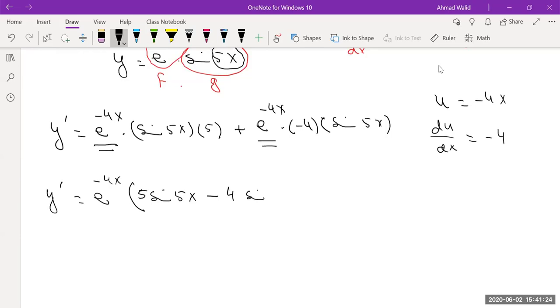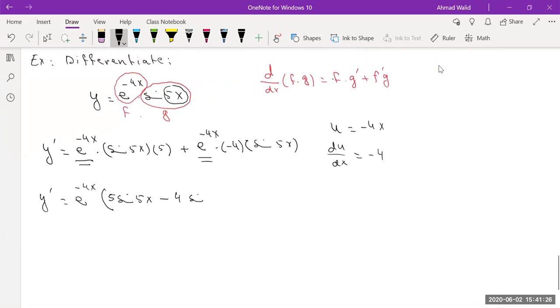Here, a small mistake. The derivative of sine 5x gives you cosine 5x. I'm sorry for this mistake. I didn't focus. The derivative of g, the derivative of outside, the derivative of sine 5x gives you cosine 5x times 5. Here, a small correction.